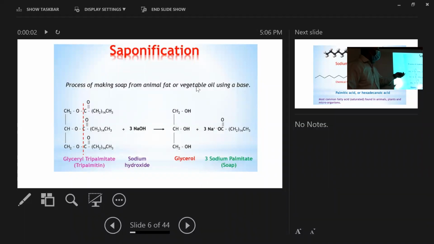This ester reacts with some sodium hydroxide, just a base or alkali. So it forms a salt. When you have some acid and alkali, they will form some salt.